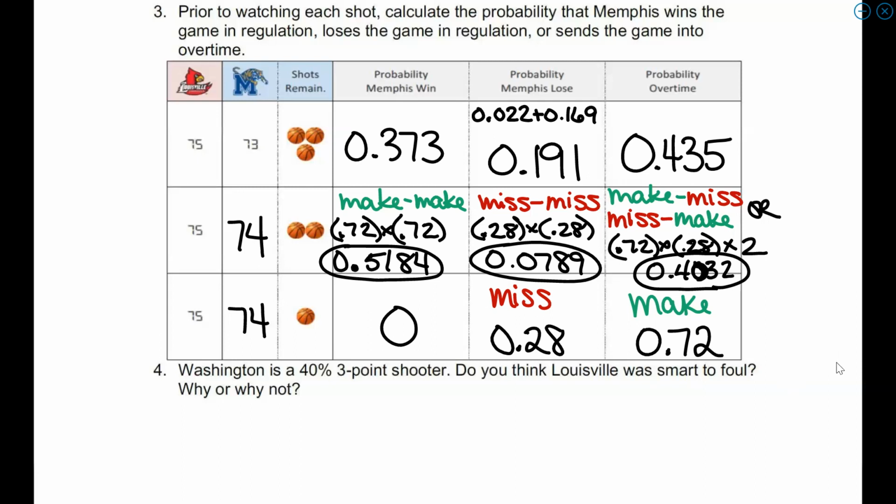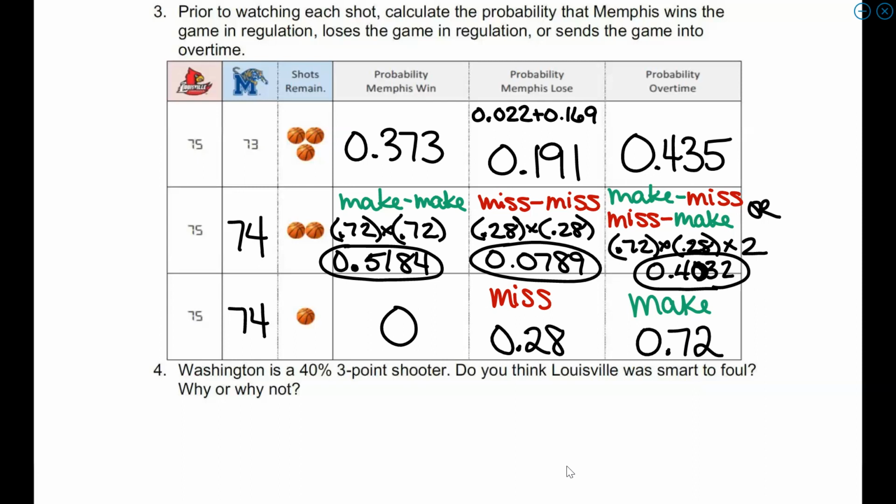Or you said he can send it into overtime. What was the probability that they were going to send it into overtime? 43.5% chance.